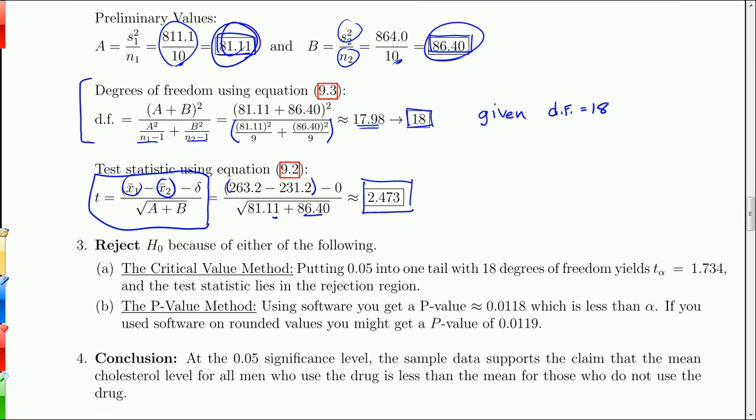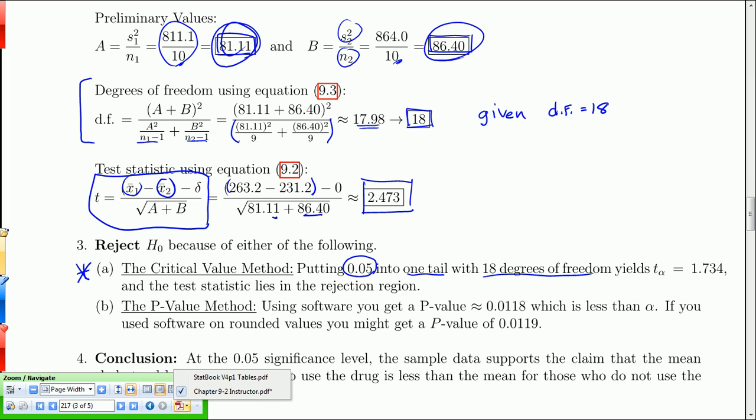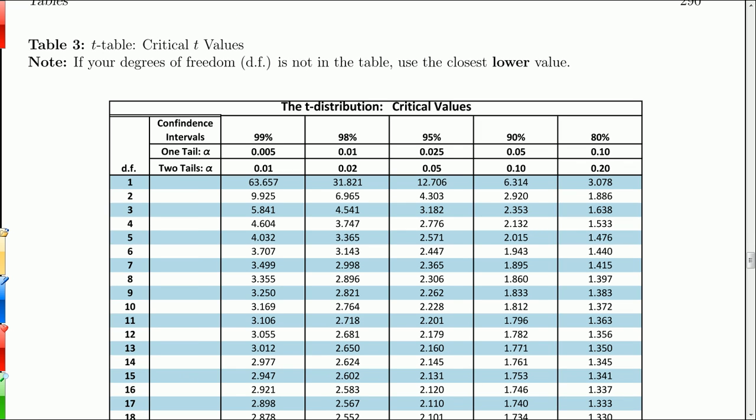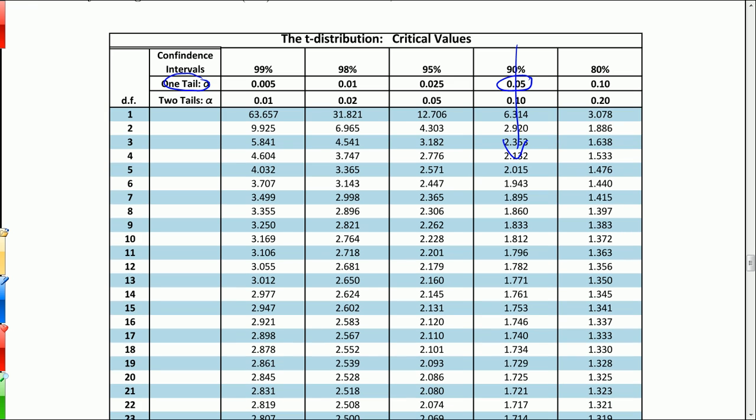So let's look for the critical value for this test. I'm testing at the 0.05 significance level. It is a one-tailed test, and there are 18 degrees of freedom. So in the table, I'm in the one-tail 0.05 column, with 18 degrees of freedom, and I get 1.734.